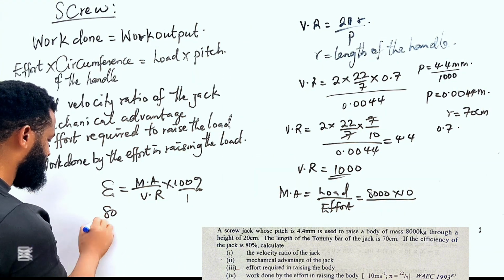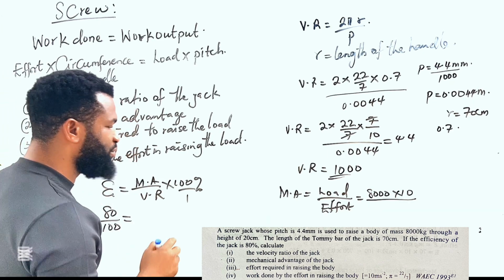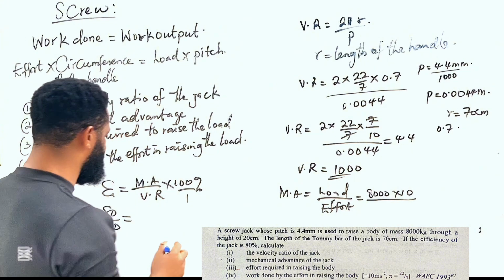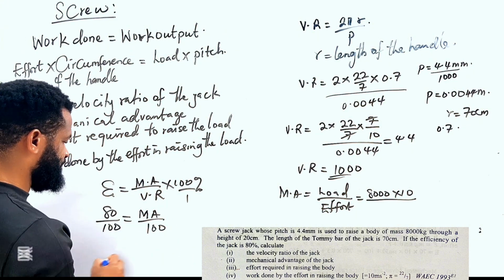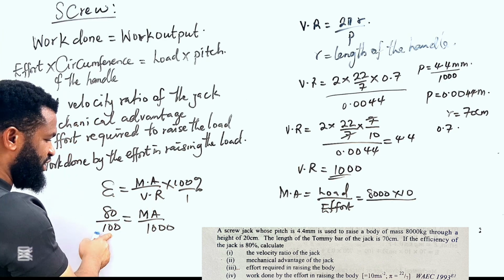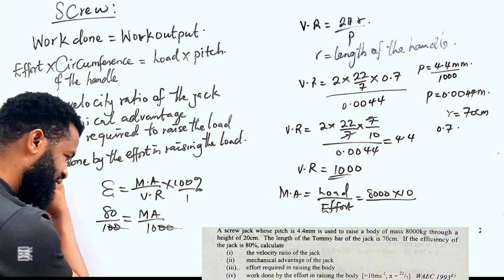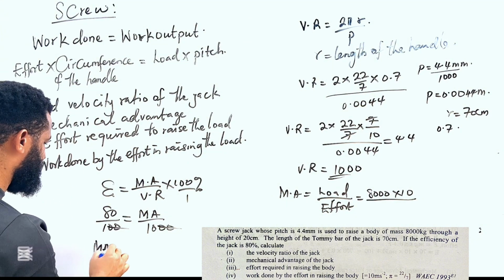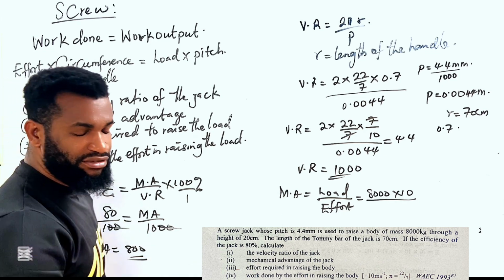So I'm going to have 80 over 100 is equal to, I do not know mechanical advantage, but I have velocity ratio given, so mechanical advantage all over 1000. I'm not going to multiply by 100 again because 100 is already here. So 2 zeros cancel, 2 zeros cancel. So mechanical advantage is equal to 800. That is my mechanical advantage.